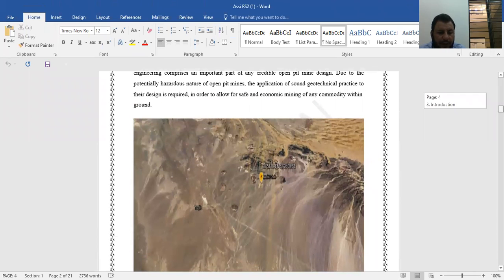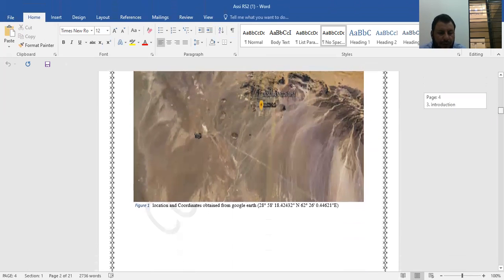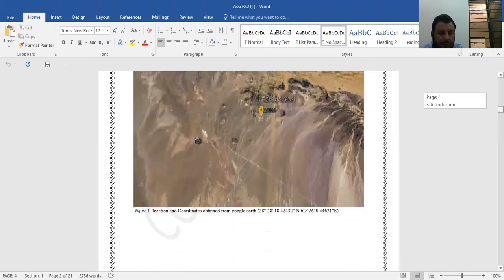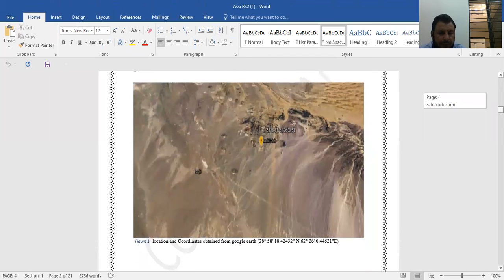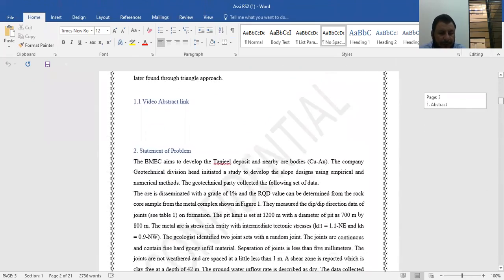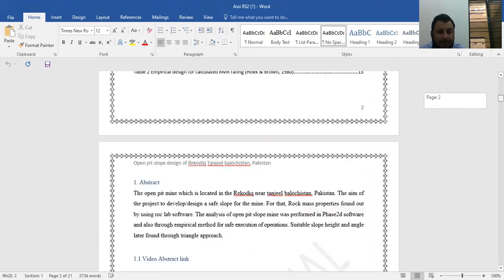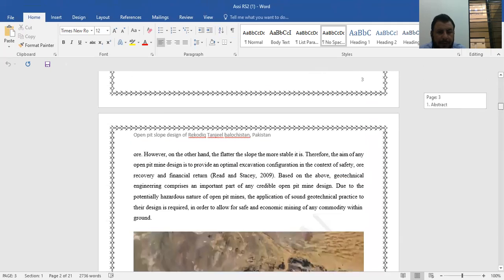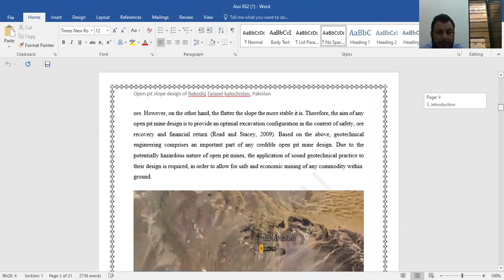The analysis of the open pit slope was performed in Phase2 2D software, and also through empirical methods, for safe excavation operations. Suitable slope height and angle were later found through the triangle approach.